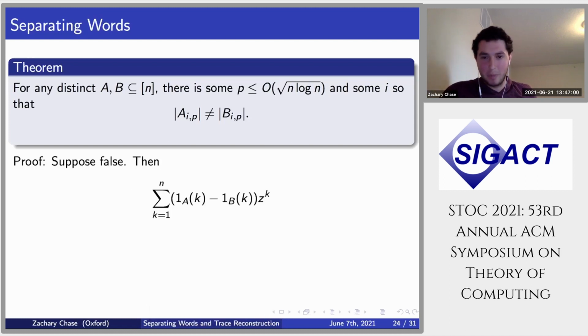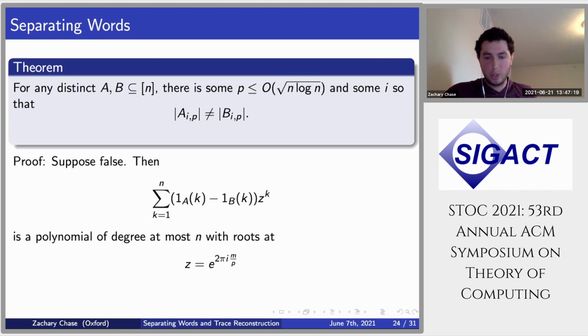And the proof is from the book. I'll just go through it quickly just to show that it's nice. I didn't discover it. So you look at this polynomial, the sum from k equals 1 up to n, where the coefficient is 1 if k is in A but not B, and -1 if k is in B but not A. So this is obviously a polynomial of degree at most n.